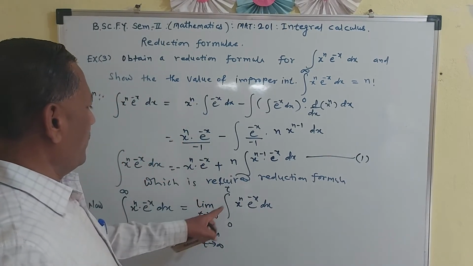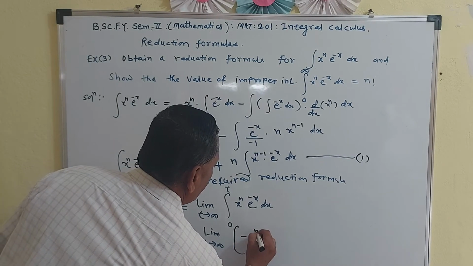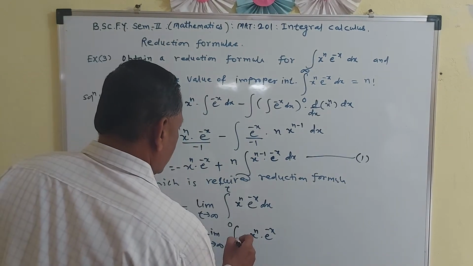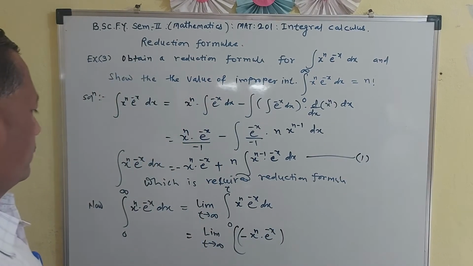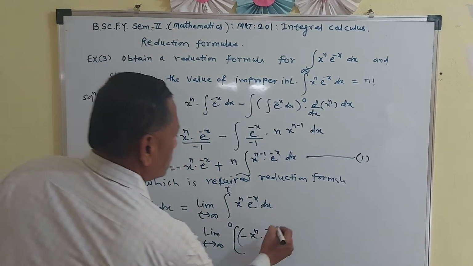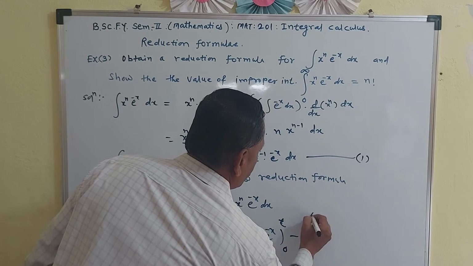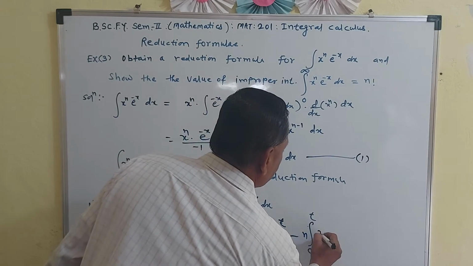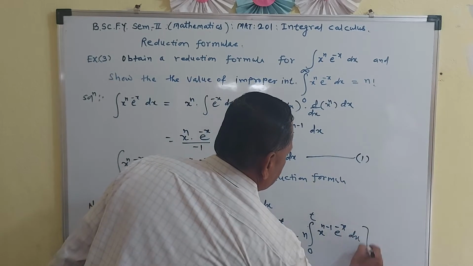so the value of this in bracket, minus x raised to n into e raised to minus x, and its integration going from 0 to t, minus integration going from 0 to t n into x raised to n minus 1 into e raised to minus x dx.